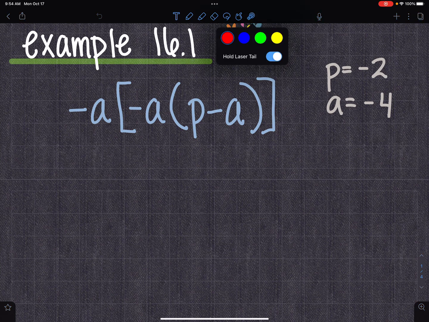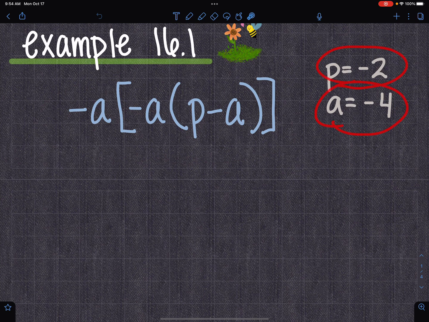If you have a problem that looks like this, and then they tell you that P is -2 and A is -4, then you just have to plug in a -4 everywhere there's an A, and you have to plug in a -2 everywhere there's a P. But these negative signs here might mess you up. Okay, so here we go.